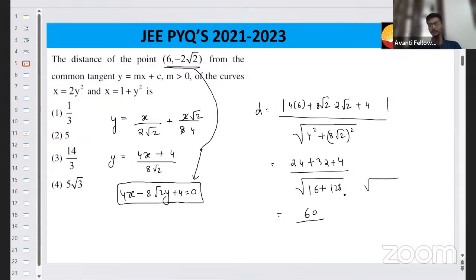This is under root of 144. That is 12. So 12, 60 upon 12 is 5. So the distance is 5. It is option number 2. I hope it is clear. Right, guys? Chalo, let's move to the next question.